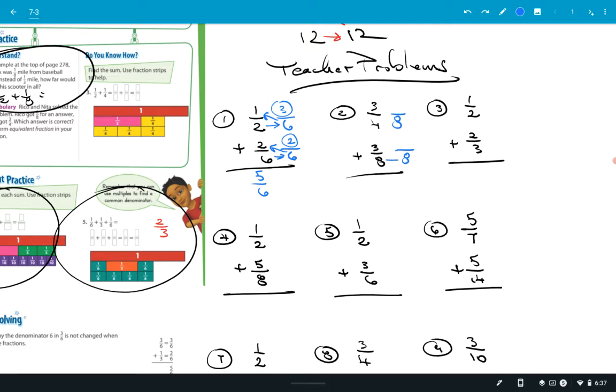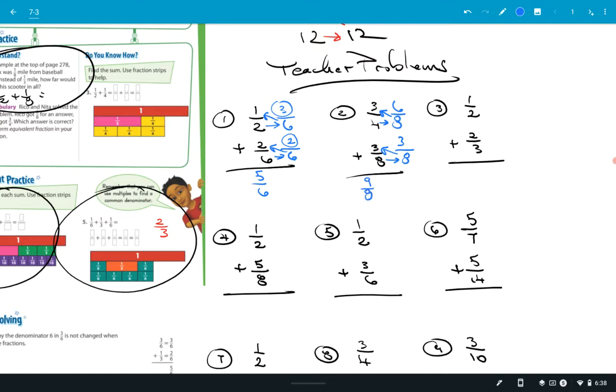Well, how many times does 8 go into 8? Once. And 1 times 3, we're multiplying it to the numerator, is 3. How many times does 4 go into 8? Twice. And what's 2 times 3? 6. Now we just simply add the numerators. What's 6 plus 3? 9.